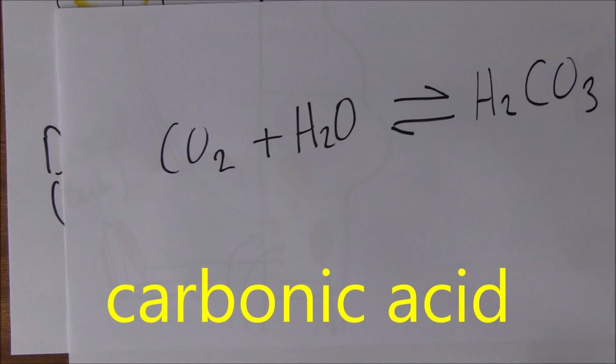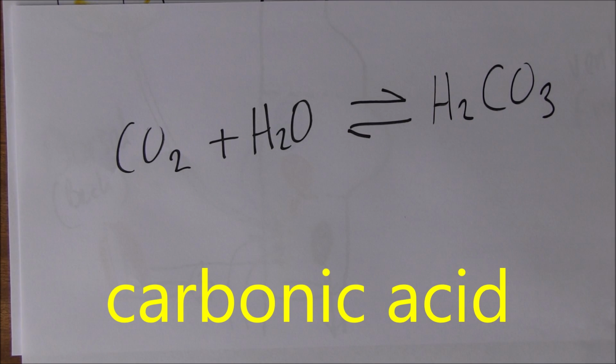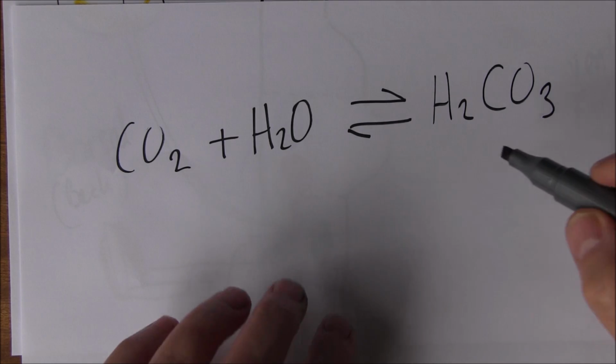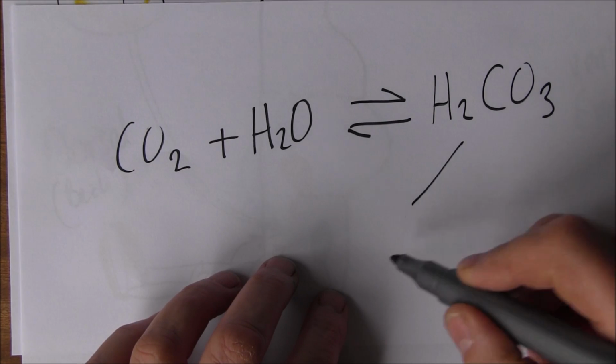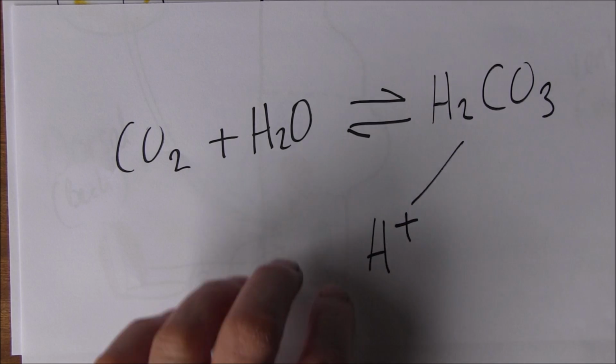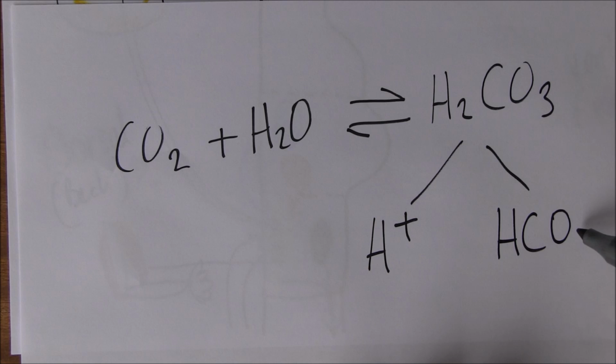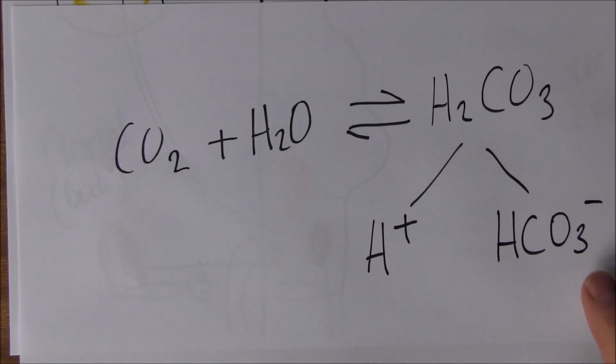That is the carbonic acid. And once the carbonic acid is formed, it can dissociate into hydrogen ions and bicarbonate ions. So hydrogen ions there and bicarbonate ions there.